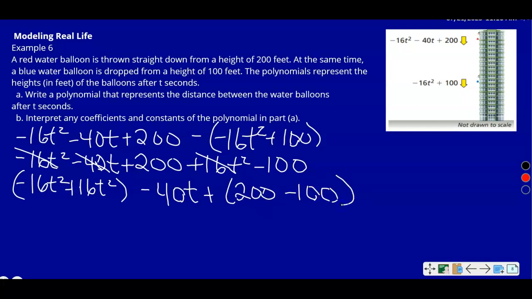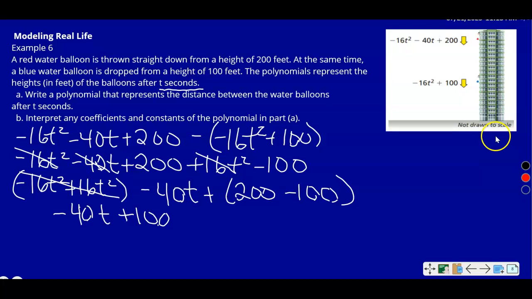Again, you're just combining like terms. Here I've got negative 16 plus 16. That cancels. That leaves nothing. So we're going to have negative 40t. 200 minus 100 is plus 100. So the negative 40t plus 100 could represent the distance between the water balloons after t seconds.